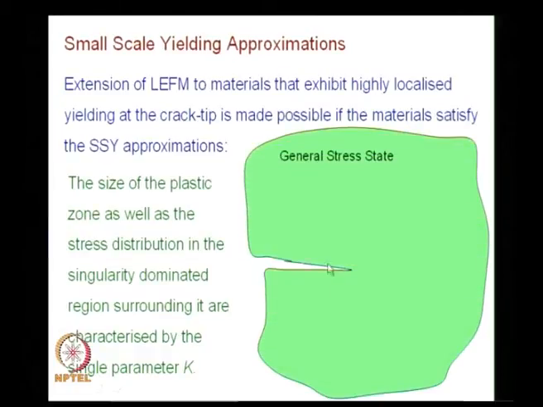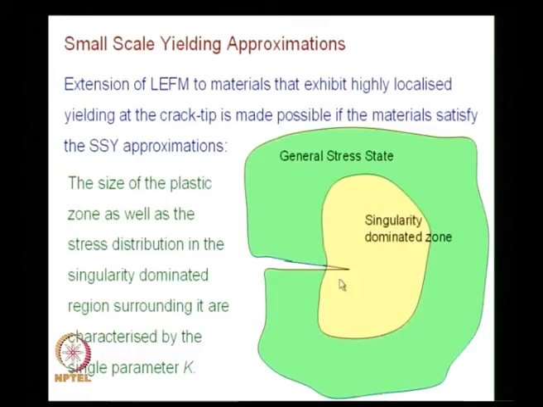I have a crack and let us say that this is a general stress state. And when you have SSY, what we are saying is near the vicinity of the crack there would be a zone which is known as the singularity dominated zone. K is important. Mind you, this is a highly enlarged picture.